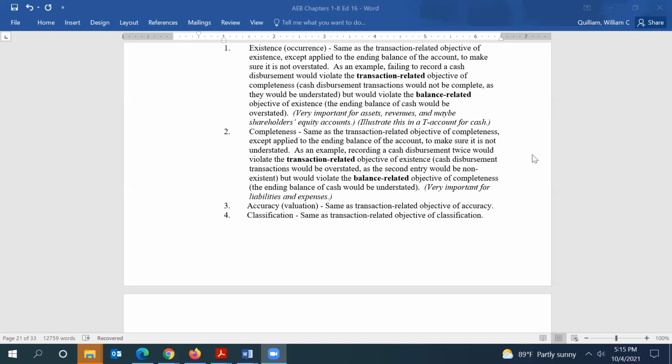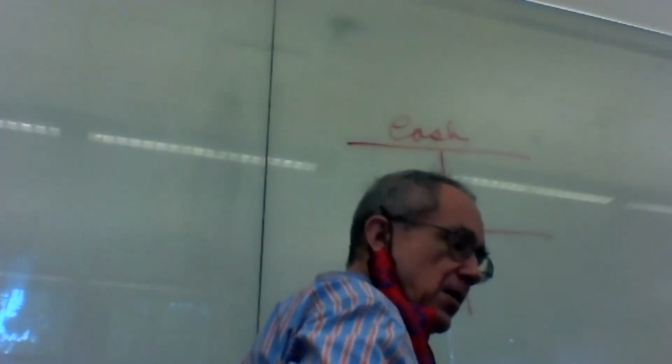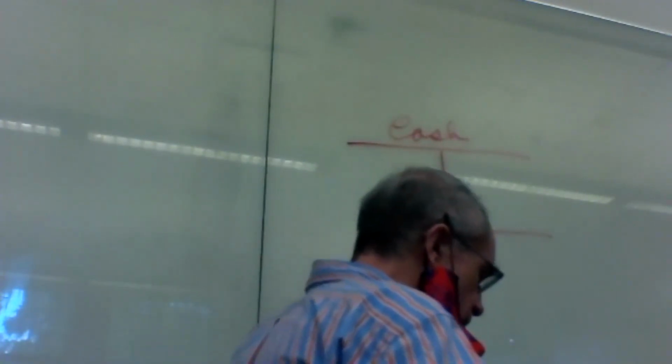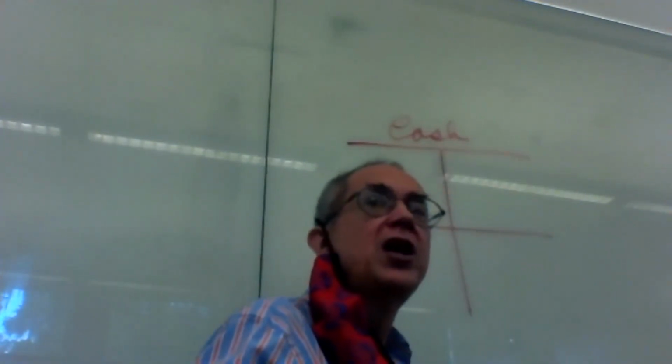So let me show you this. I'm going to stop my share here, and let me come back up here to my T account. So this time we took a cash disbursement transaction. We recorded it twice.